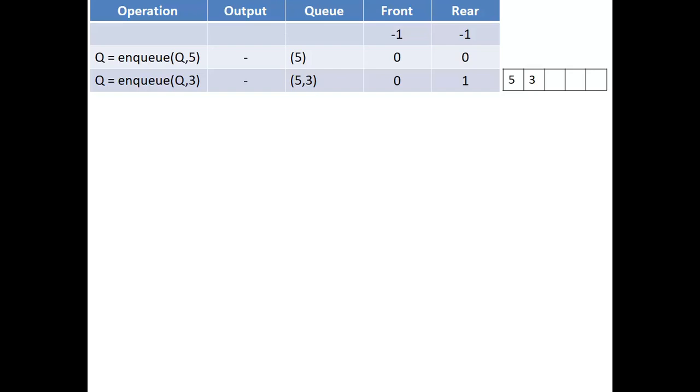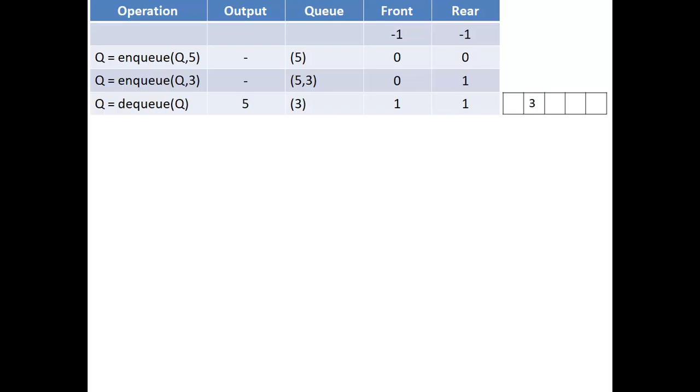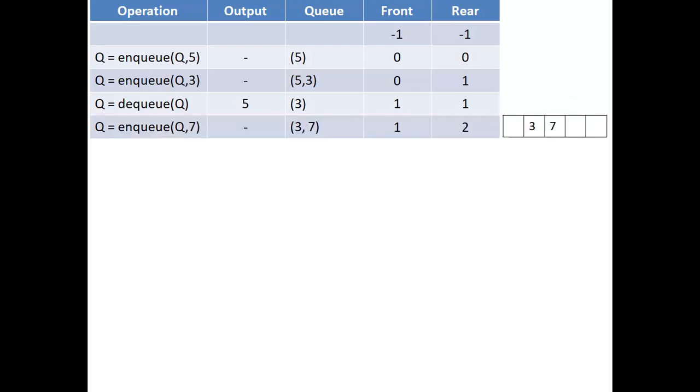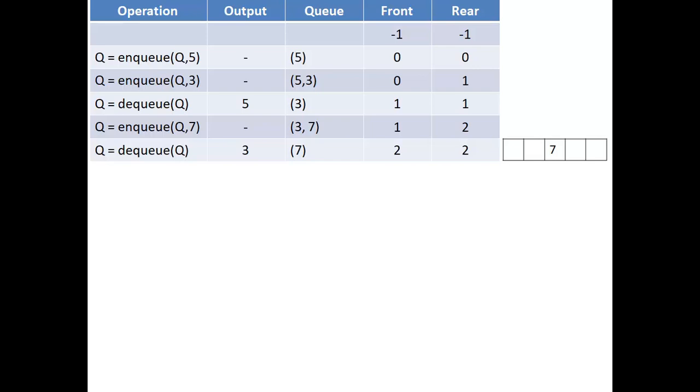Enqueue of element 3 will increase only rear by 1 because insertion will update the rear pointer only. Then we have executed a DQ operation and this is going to update only the front pointer. Next execution of NQ will update rear again and now a DQ operation will update only the front again.